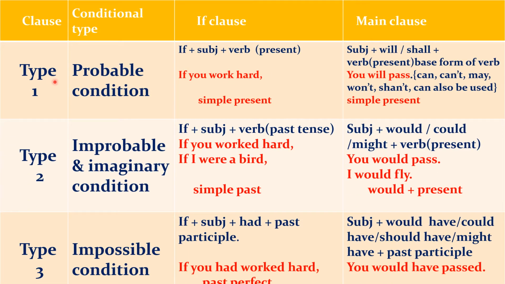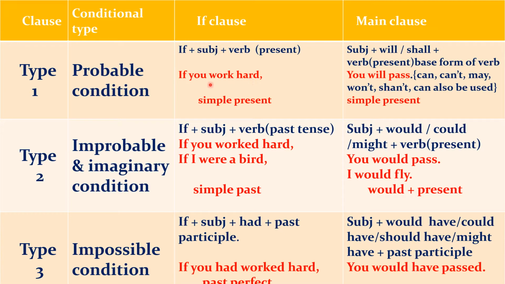We can see the types of conditional clauses with examples and their structures. Type 1 is called probable or possible condition. If you work hard, you will pass.